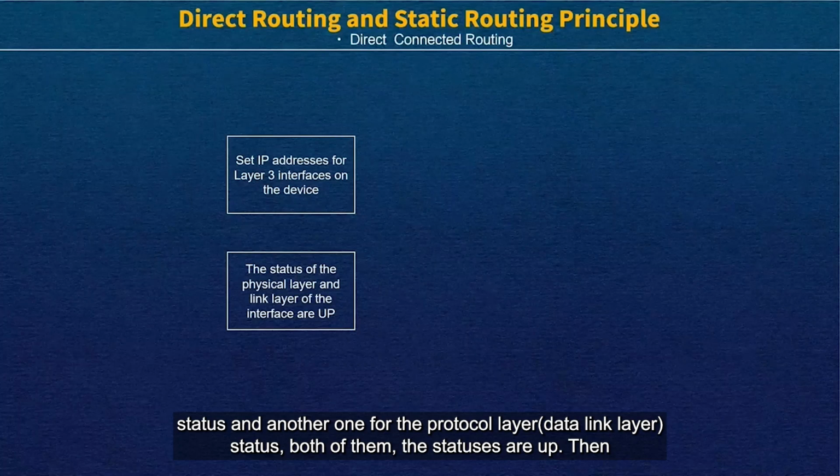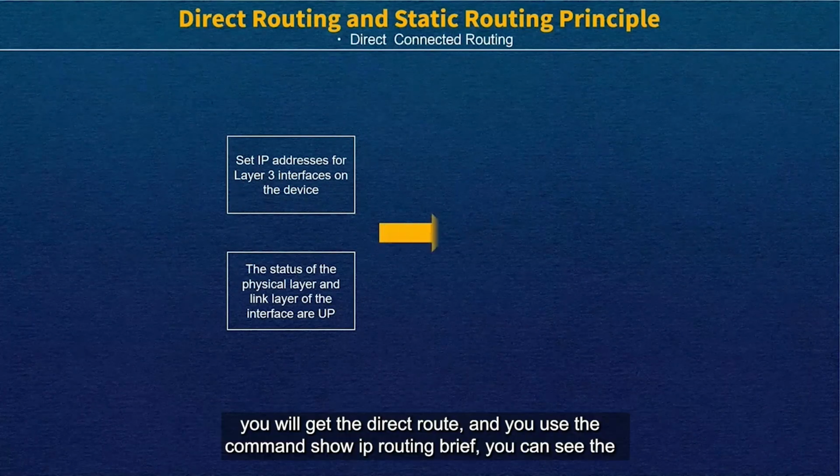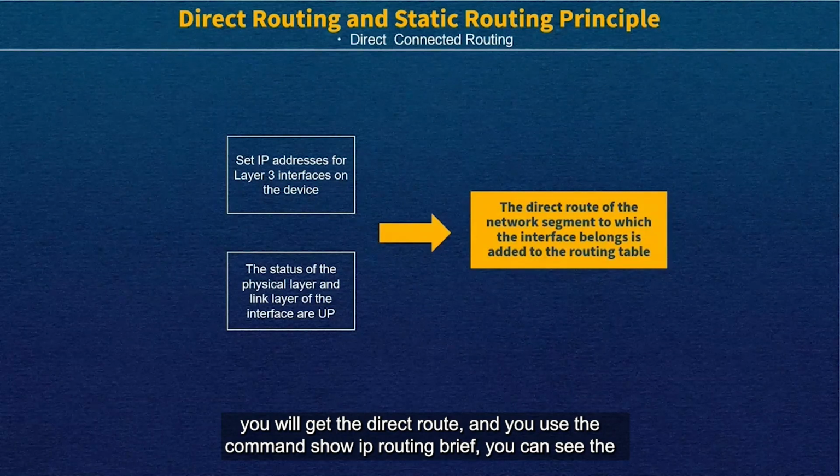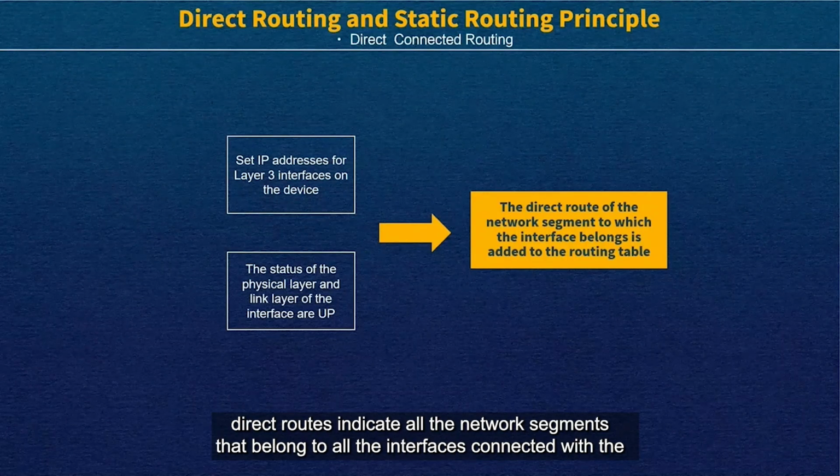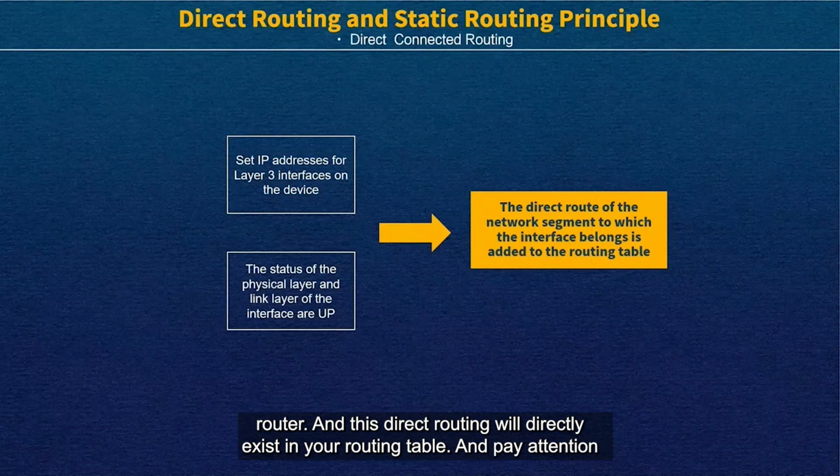When both statuses are up, you will get the direct route. And if you use the command show ip routing brief, you can see the direct routes, which indicate all the network segments that belong to the interfaces connected with the router. This direct routing will directly exist in your routing table.